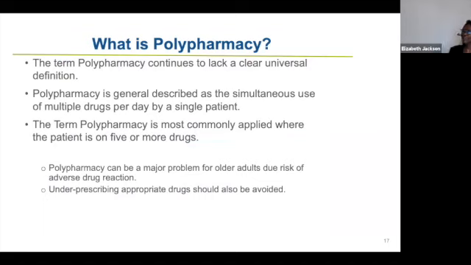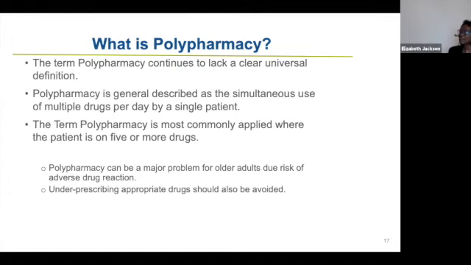What is polypharmacy? What is surprising is the term polypharmacy continues to lack a clear universal definition. It's generally described as simultaneous use of multiple drugs per day by a single patient.